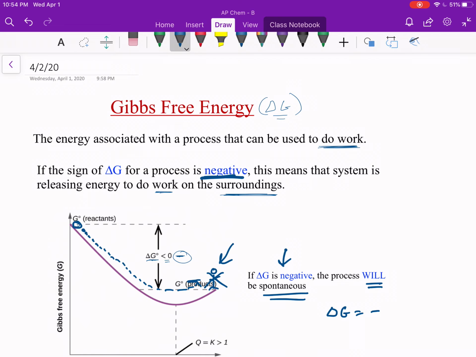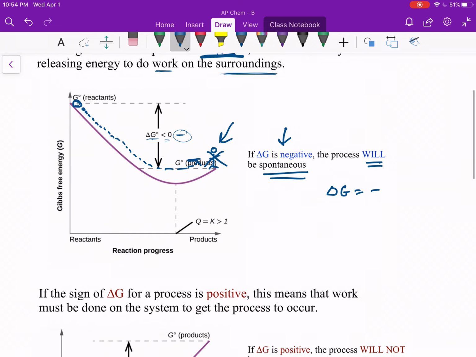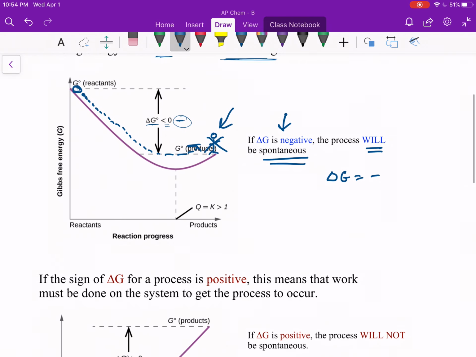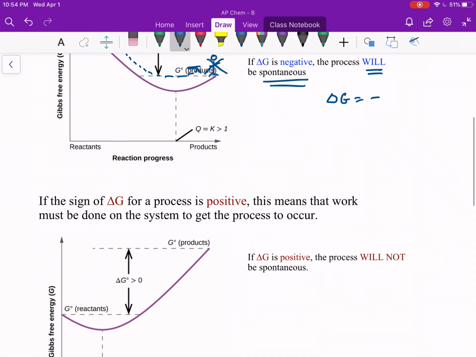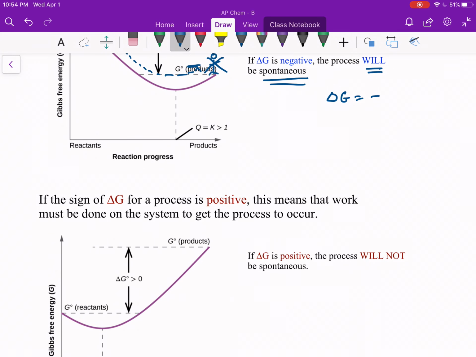Now, conversely, what happens if delta G is positive? That means we have to do work on the system to get the process to occur.